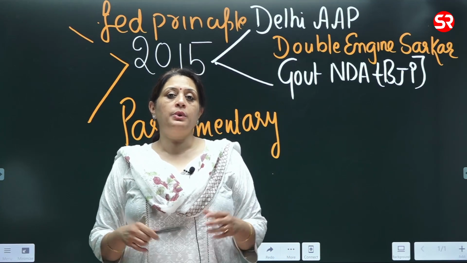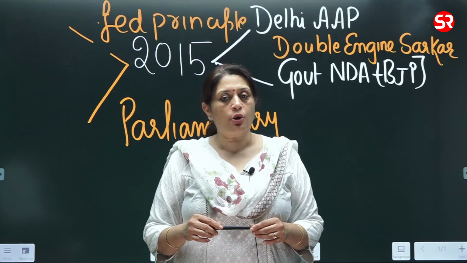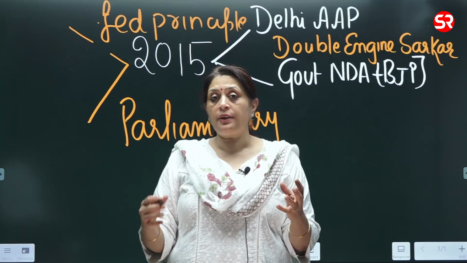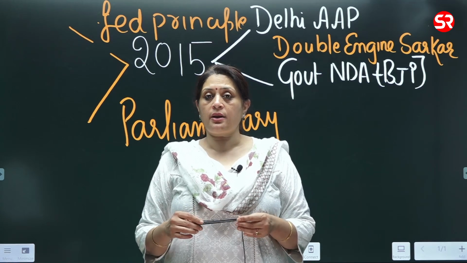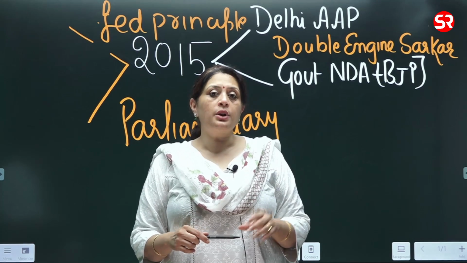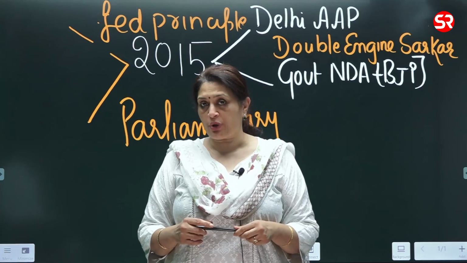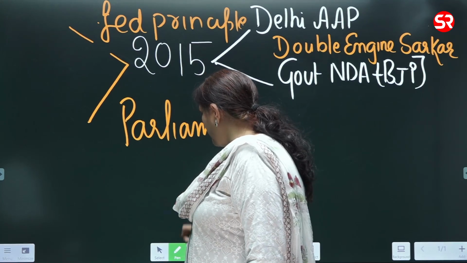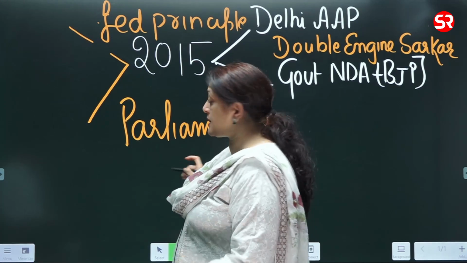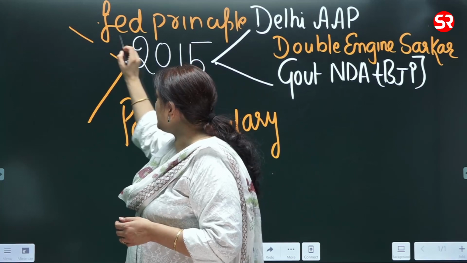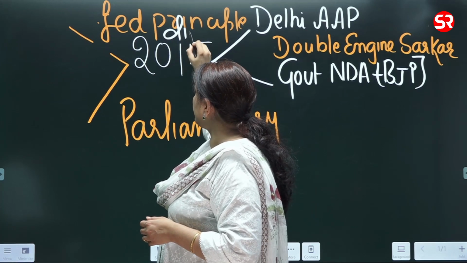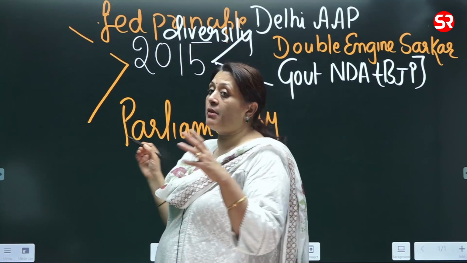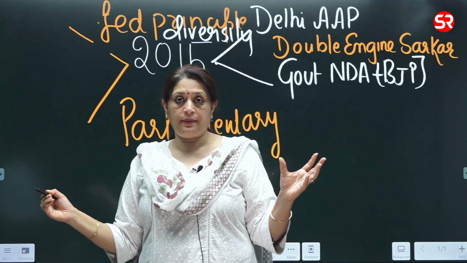A federal system, says Dicey, the expert on constitutional issues, is where units desire unity without desiring uniformity. It means that inherent in the idea of federalism is the idea of diversity, regionalism, and how to handle it.